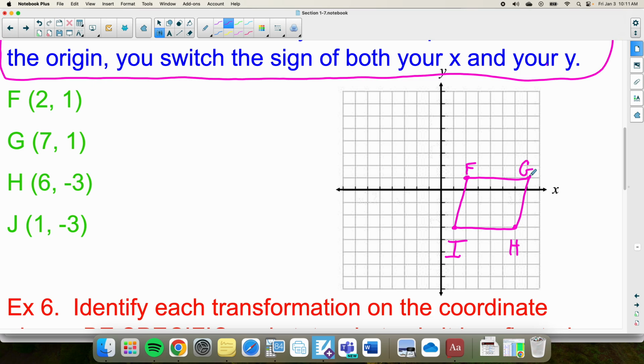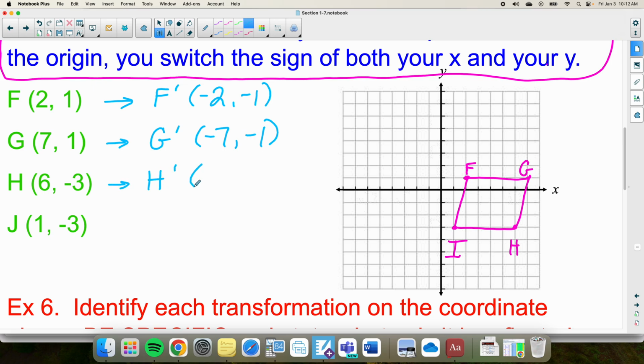Now in this one, if you remember what the rules were, for each your X and your Y coordinates, you change the sign. So your new F would be -2, -1. Your new G would be -7, -1. Your new H would be -6, +3. And your new I would be -1, +3.